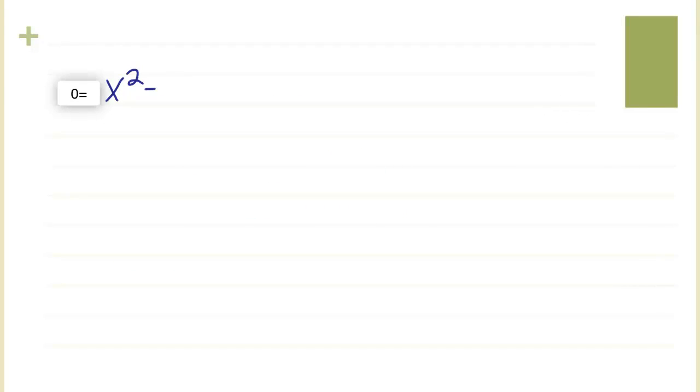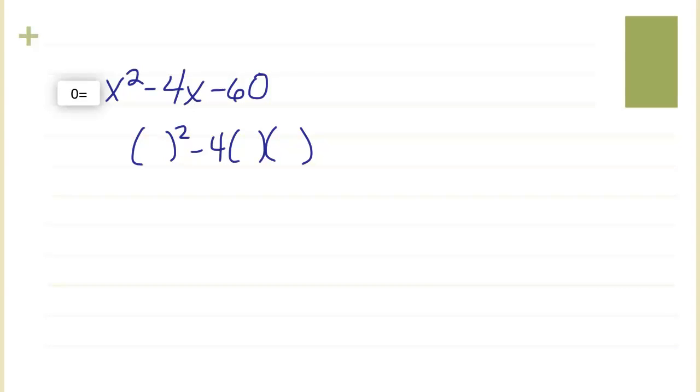The last kind, I'm trying to get you some that you might not have factored or you might not have graphed because they're kind of biggish numbers sometimes. And so b squared minus 4ac, so we've got 16, negative times negative, so positive.